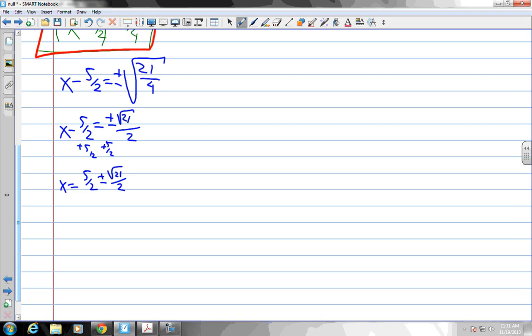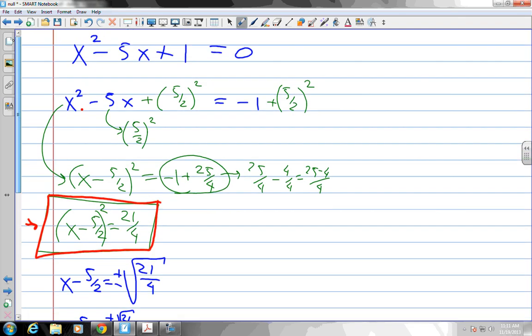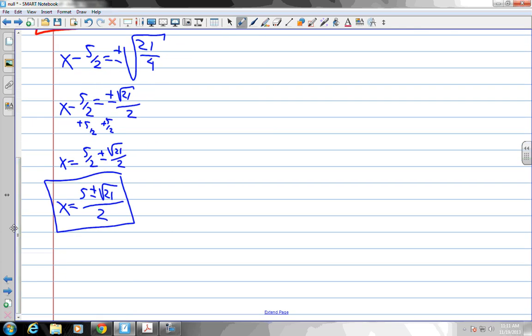Same denominator, so you can actually combine that. x equals 5 plus or minus the square root of 21, over 2, like that. That means two solutions. 5 plus square root of 21 over 2, whatever that equals to, and 5 minus the square root of 21 over 2, whatever that equals to. So these two nasty numbers solve that equation. So we clearly cannot do that by factoring.